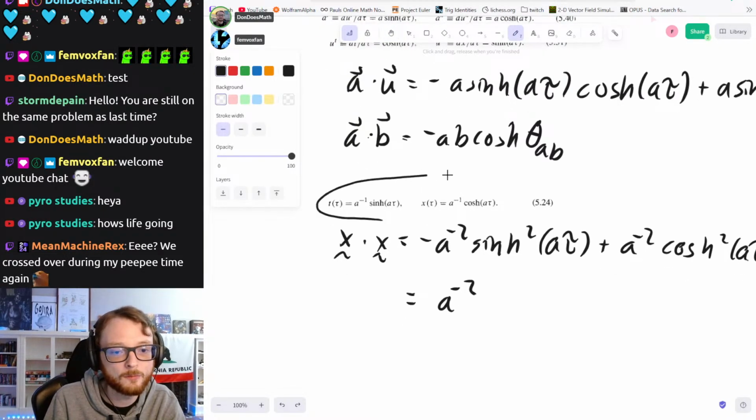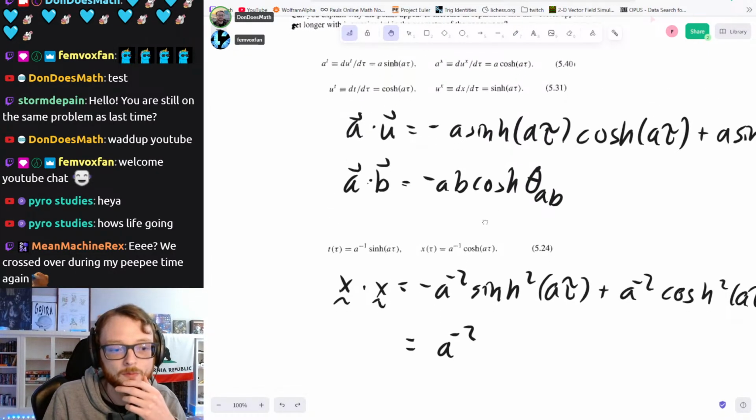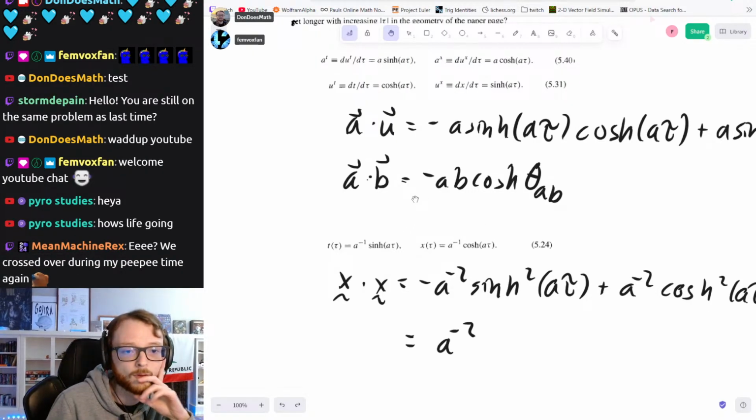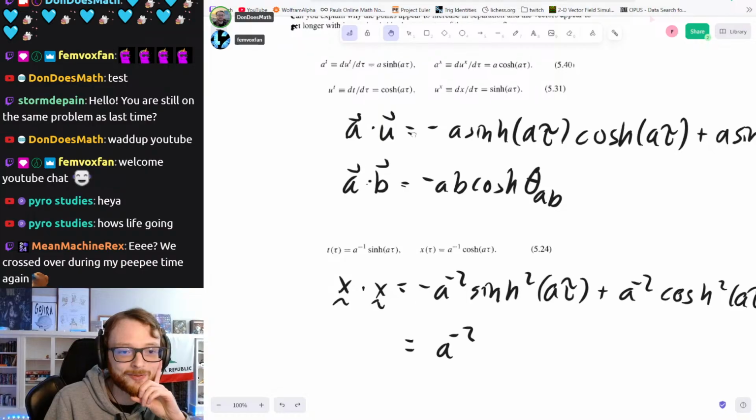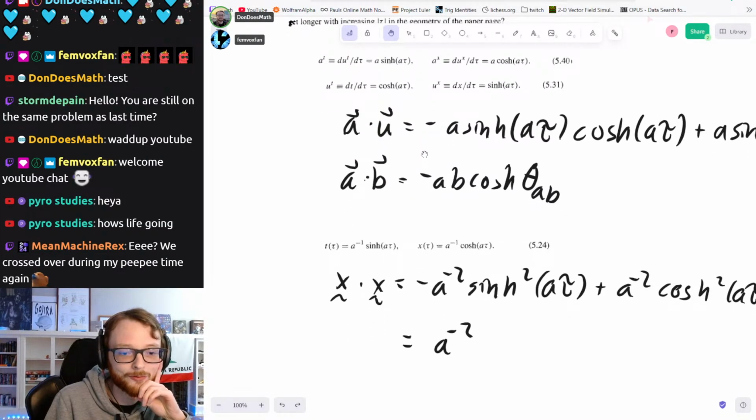I used the position vector from that example, for the same A and U that we were just looking at, and I dotted it with itself.